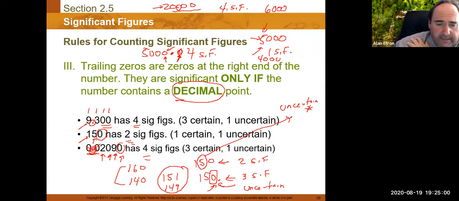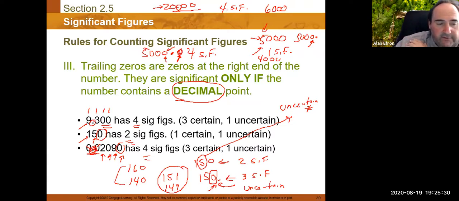If somebody came to measure something for you and they go, I think it's 5,000, no decimal there, well, could be 5,000, but maybe it's as big as 6,000 or 4,000, depending on what you're buying. As opposed to if you did put the decimal there, you know that it's within, say, if these were feet, within 1 foot of 5,000. His measurement was that good. As opposed to here, he was within 1,000 feet of the measurement itself in terms of the uncertainty.